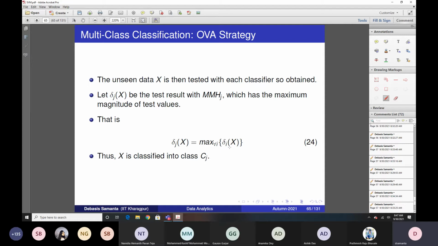So delta i(x) is the decision value obtained from the ith SVM, and out of all the decision values, take the delta i(x) that gives the maximum. If it is the jth value, then we can say that the unknown vector x belongs to class j. This is the concept of OVA. Here again, you see the test time is also not a very rigorous procedure.